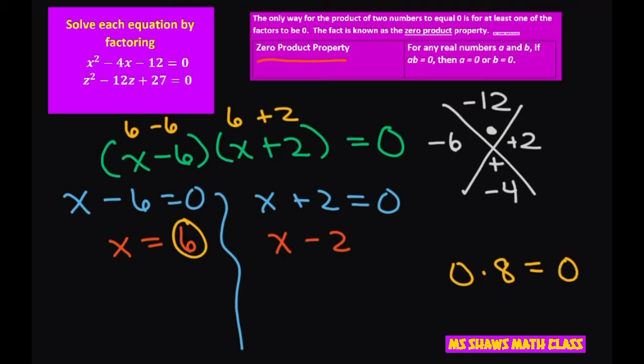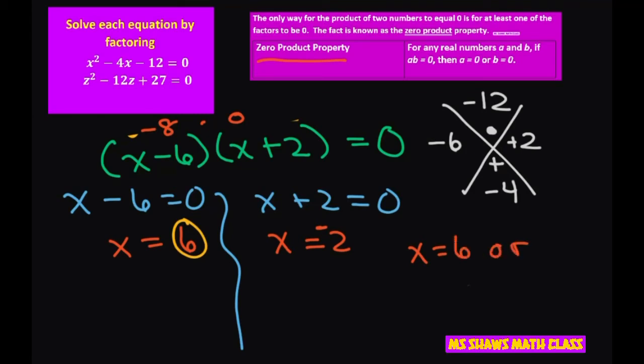Or if I plug in negative 2, I'm going to get negative 8 times 0, which is 0. So that's what the zero product property says. So we can say that x is either 6 or negative 2. So x equals 6 or x equals negative 2.